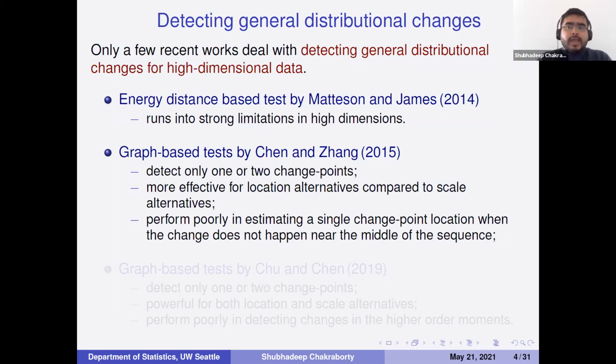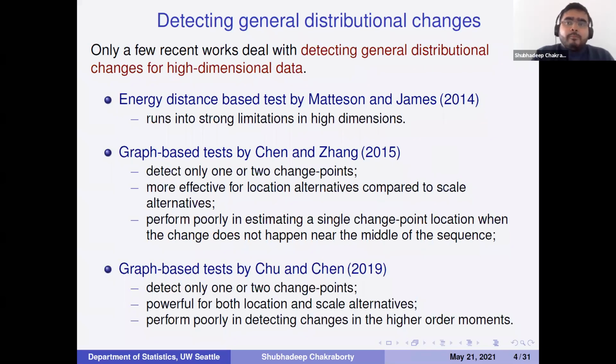So the key to answer this question is, how do we compare two high dimensional distributions in the first place? Just as a quick summary of our contribution, the problem that we consider is to detect general changes in a sequence of high dimensional time ordered data beyond the first 2 moments.